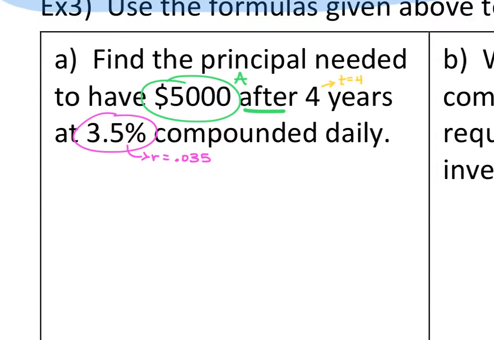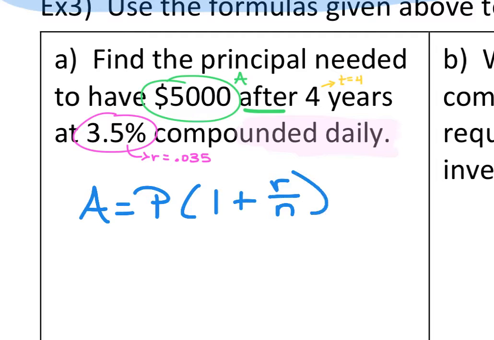Now it says compounded daily, and so that's not the continuous compounding formula. That is the formula at the top of the page. So here in that formula, A equals P times 1 plus R over N to the N times T.